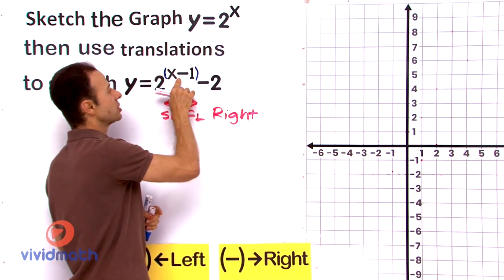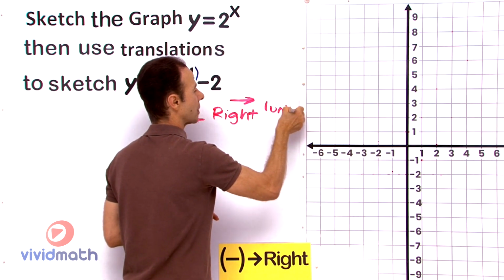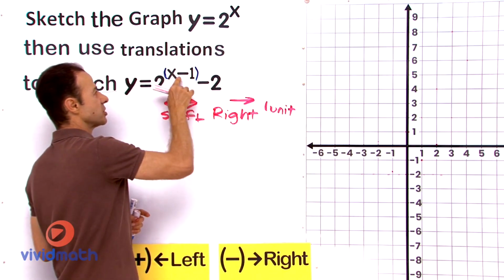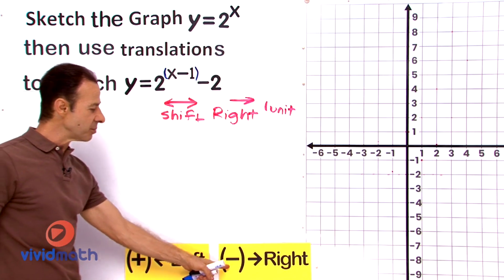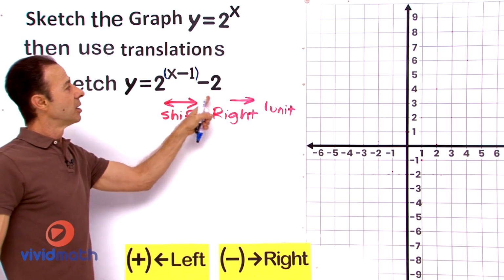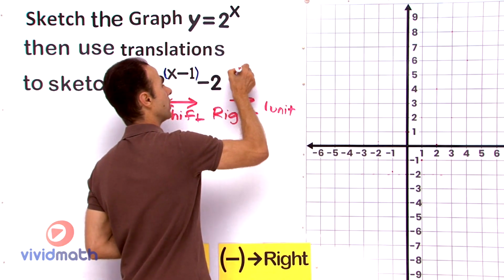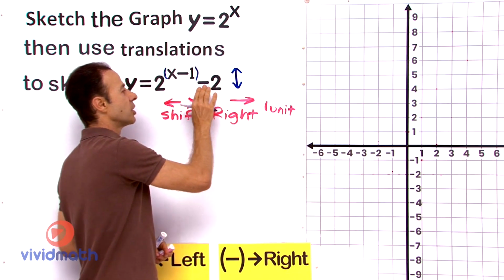By how many units? Well, it's minus 1, so it's 1 unit to the right, because it's a minus 1. So if we got a minus in the brackets, it's right. And that's what we got there. Now here, we got a minus 2. Now that refers to the vertical, which is the up and down. And here, you keep the sign the same.